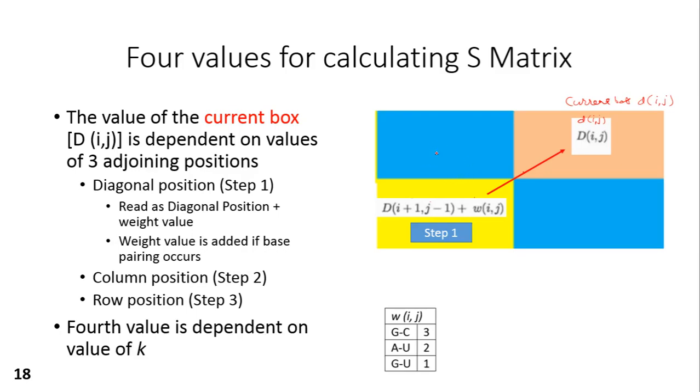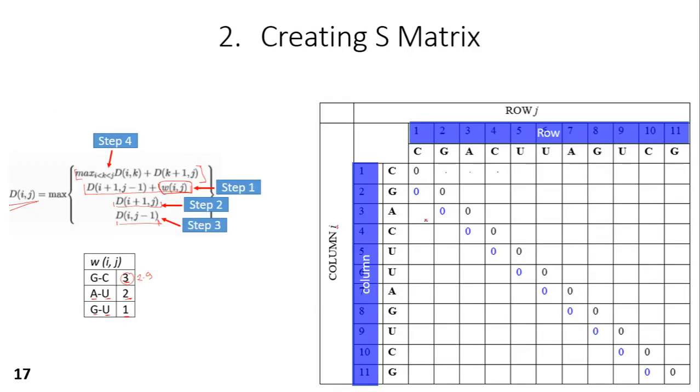So what we need to do is that if the base pairing occurs here, then we would have to add this weight value that we discussed in our previous slide. This would be step 1 of your dynamic programming algorithm.